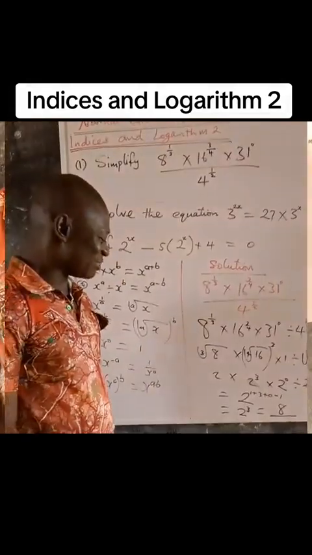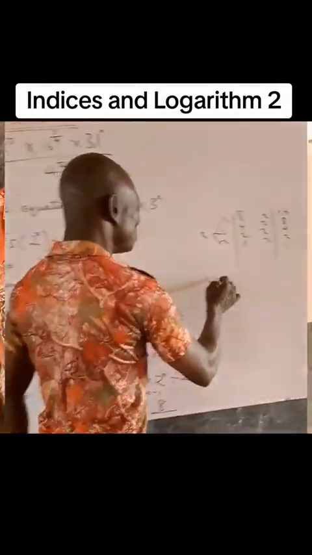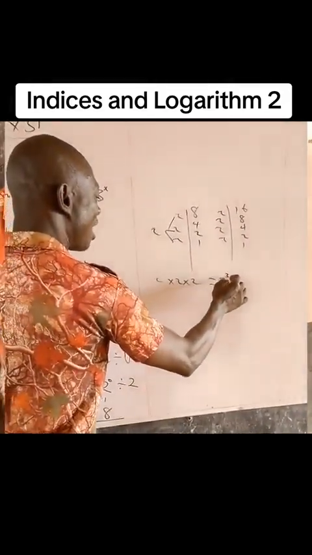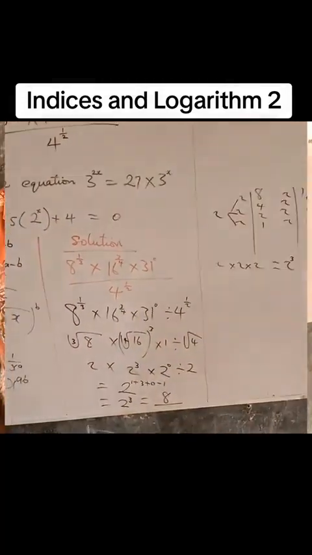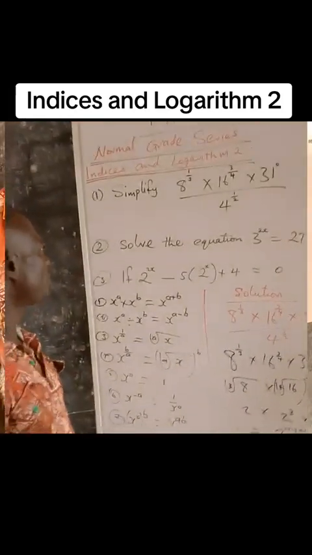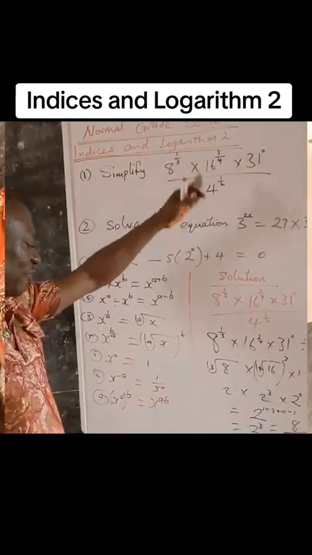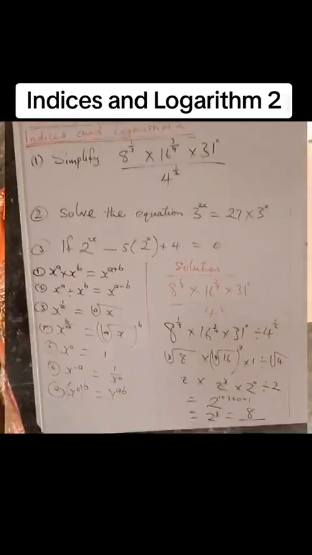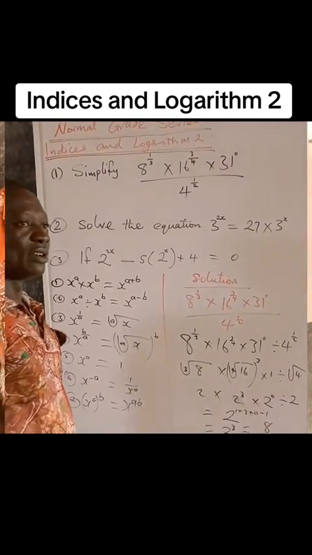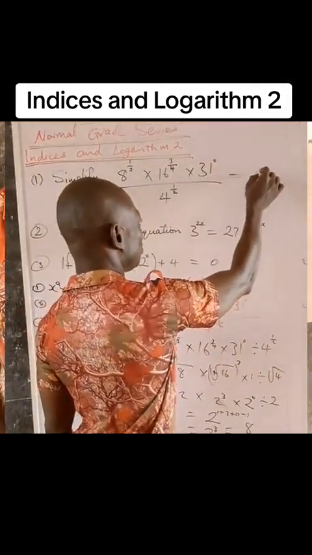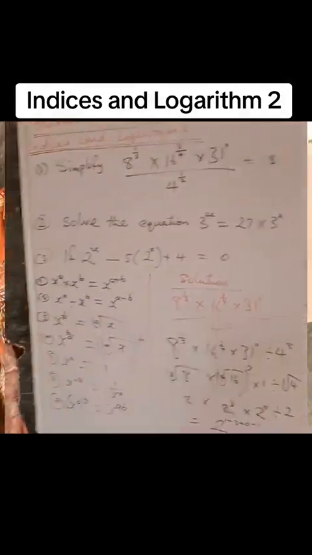Remember, 2 times 2 times 2 is 2 raised to the power 3. Therefore, this simplification using a set of indices will give us 8. We are correct if we say that this is equal to 8 after the work.